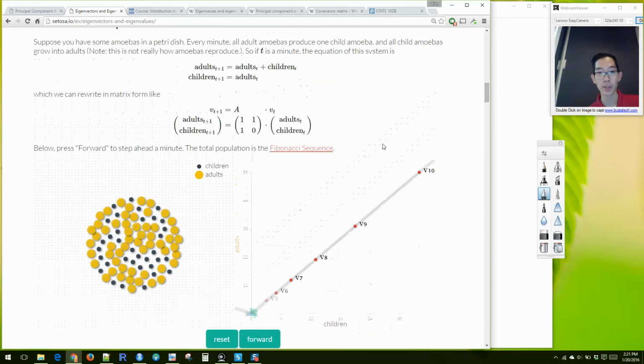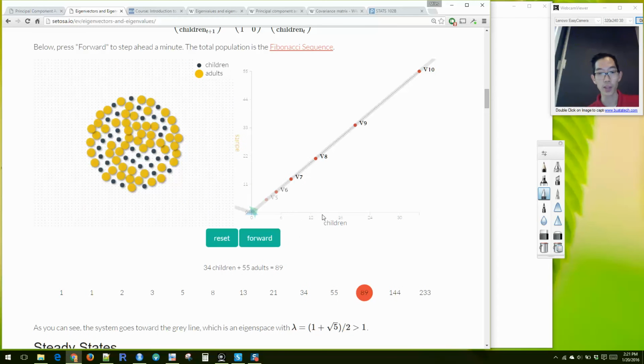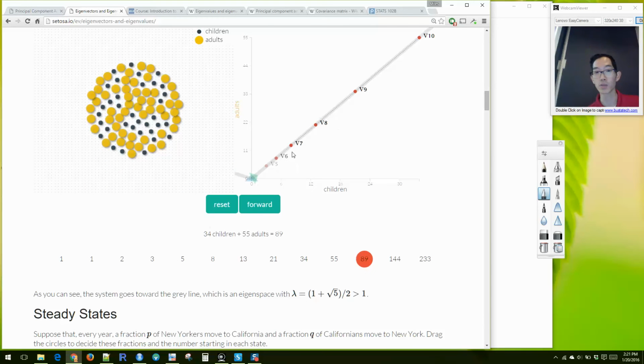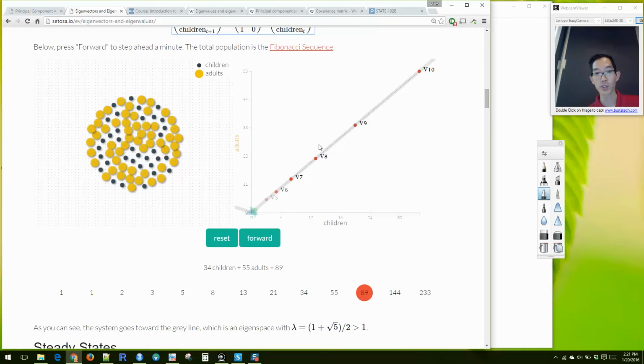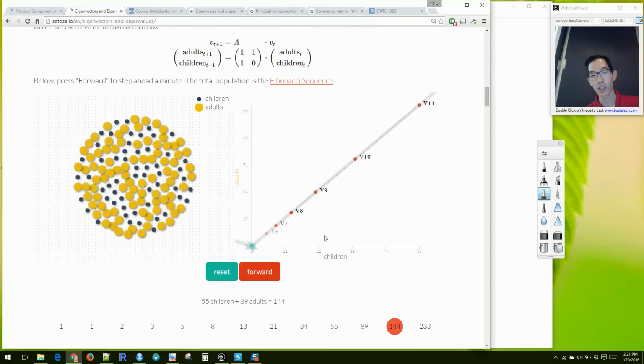And that gray line is the eigenspace of our matrix A. So anything that lies along here would be considered an eigenvector of our matrix A, meaning to go from one generation to the next, we don't need to know the mechanics inside the matrix itself, we can just say we're scaling up along the line.